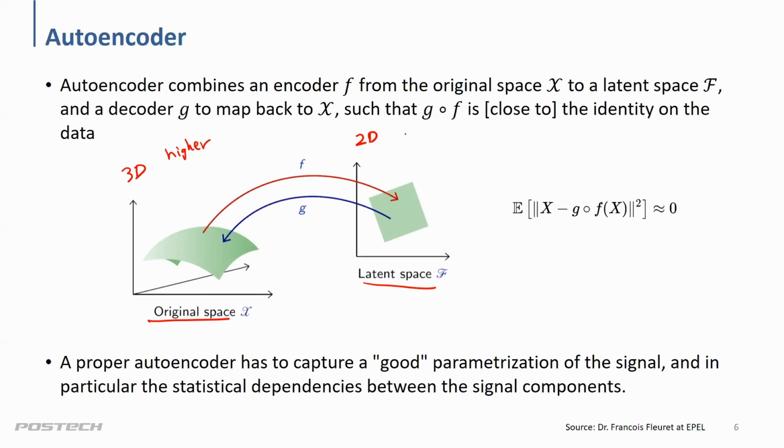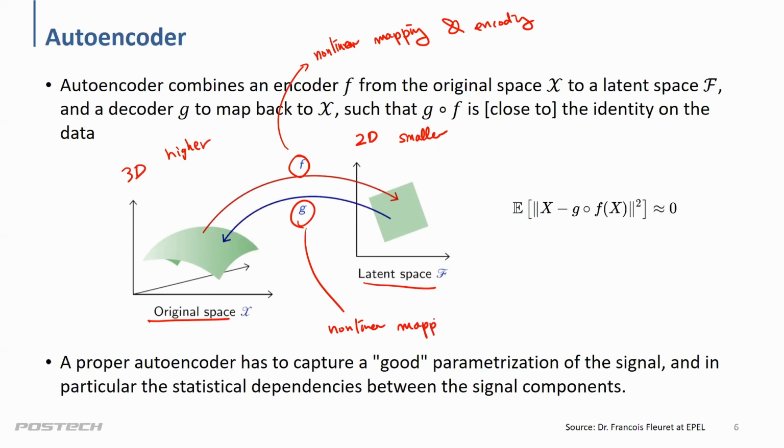And here it's a smaller space. F is a nonlinear mapping, the encoding. G is a nonlinear mapping, the decoding.